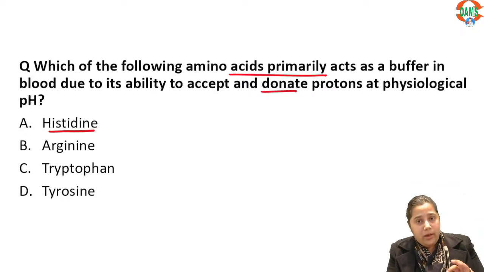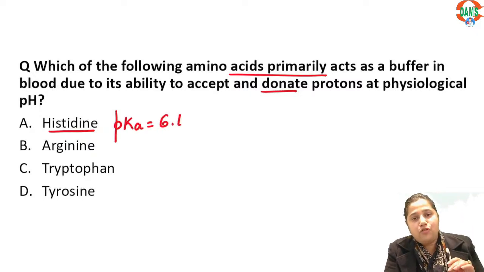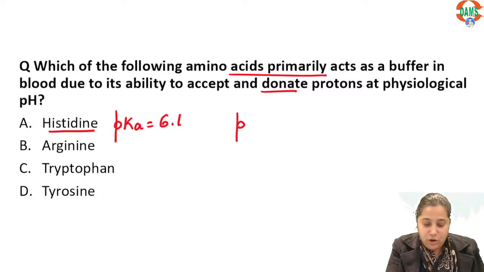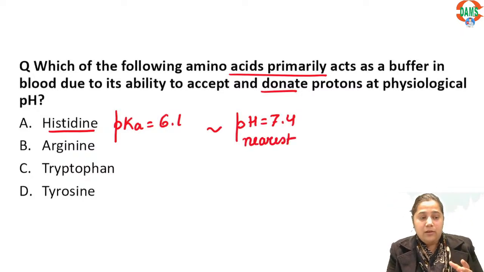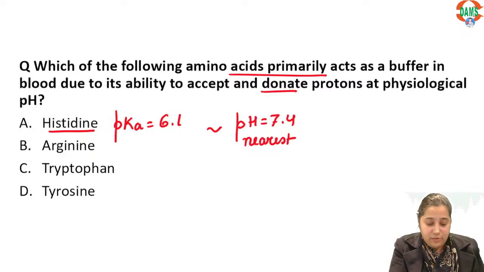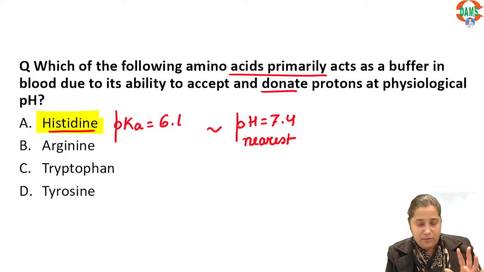Histidine is the only amino acid whose dissociation constant is 6.1, nearest to the physiological pH of 7.4. Because it is nearest to the physiological pH, histidine has the best buffering capacity of all the amino acids.